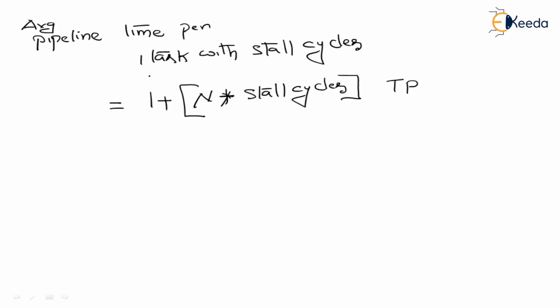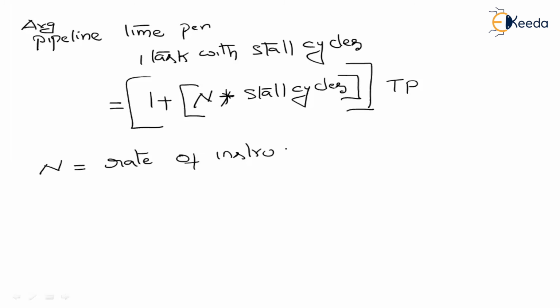Okay, rather it is a whole Tp. Okay, so what is this n? N is the rate of instructions that incur the stalls.